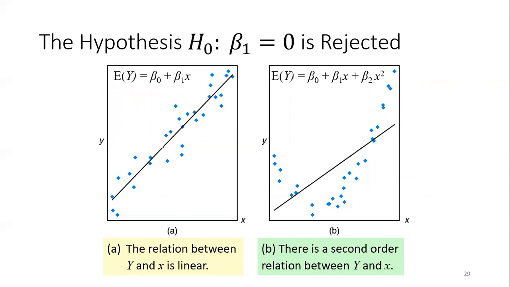So if you reject beta 1 equal to 0, it means two things. The first thing is there's a relationship between y and x in terms of a linear relationship. So you may have something like this, or you may have beta 0 plus beta 1 x plus beta 2 times x squared. So you may have a second order relationship between y and x, where you have a linear term and a quadratic term.